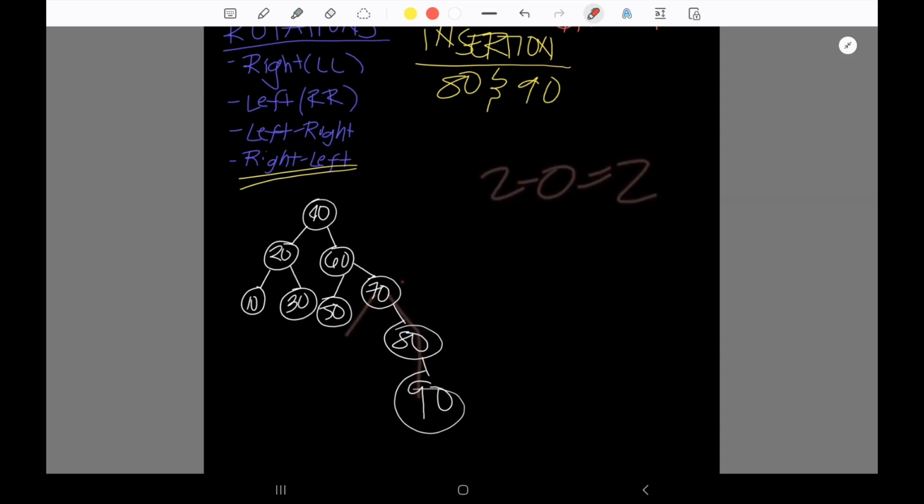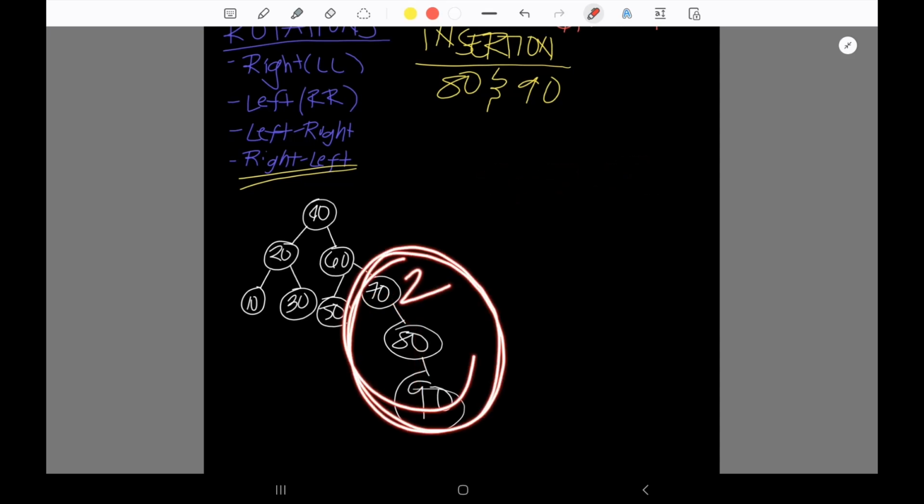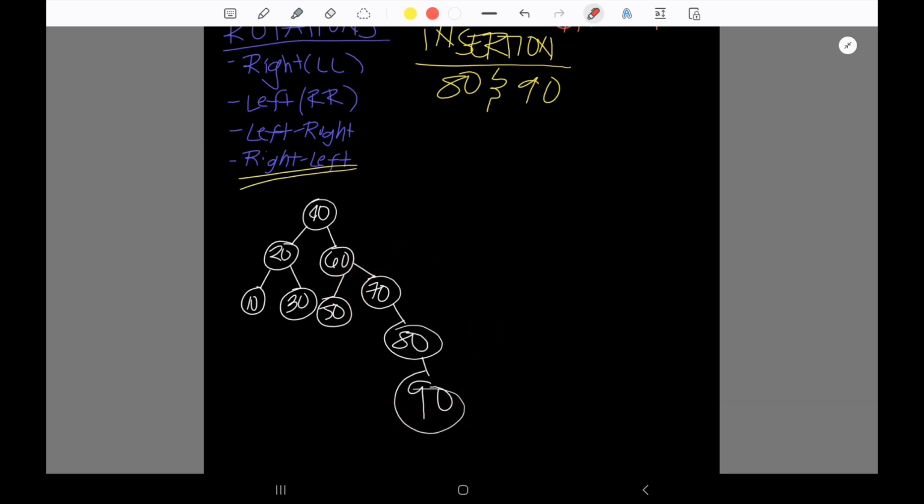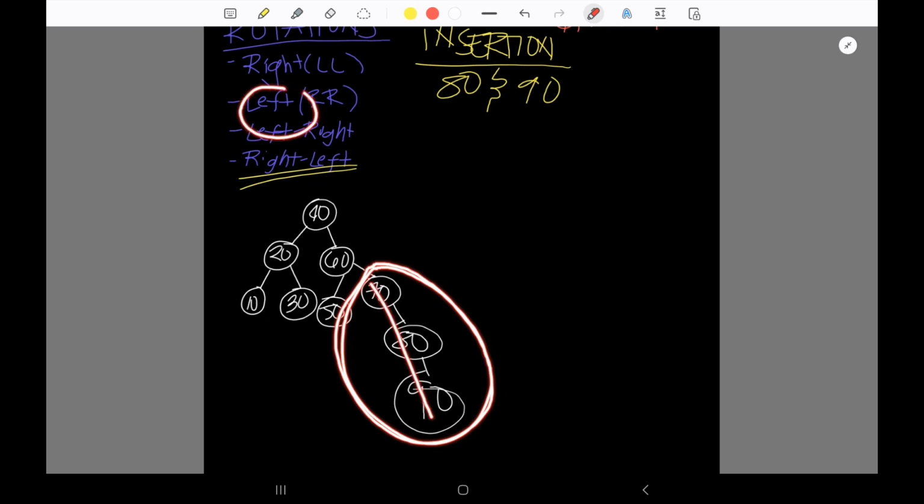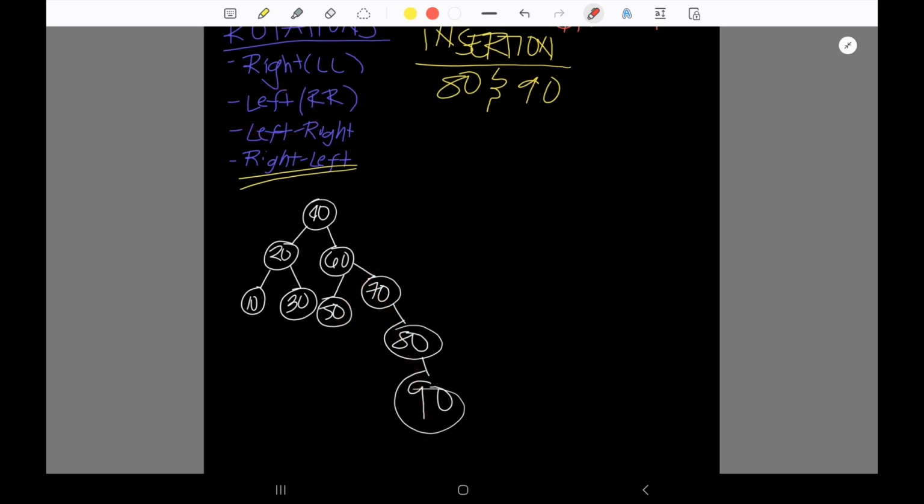So we're gonna rotate this first. As you can see, it falls, the nodes are all at the right. So we're gonna do a left rotation. First, the new root of the subtree is now 80.